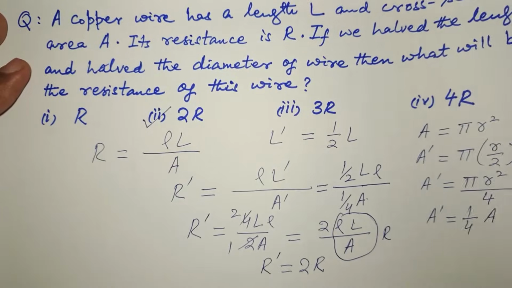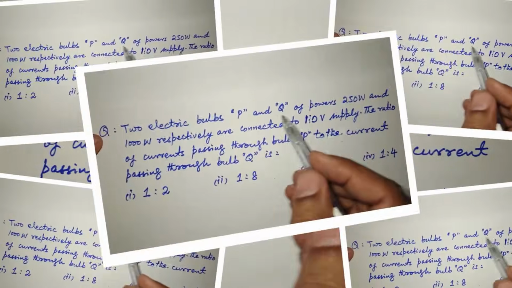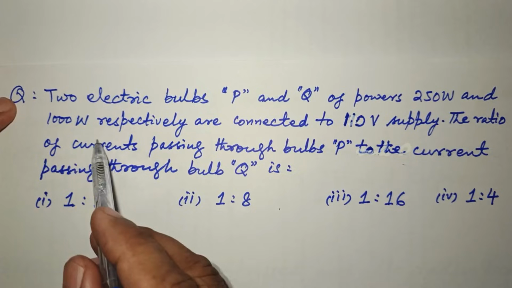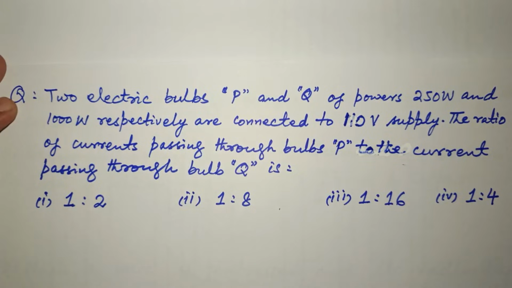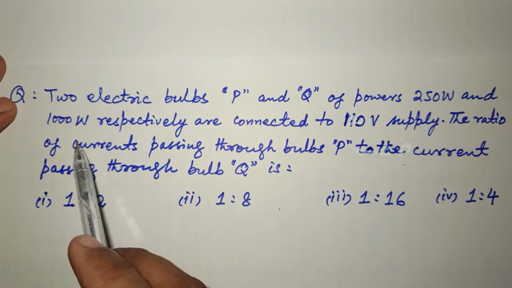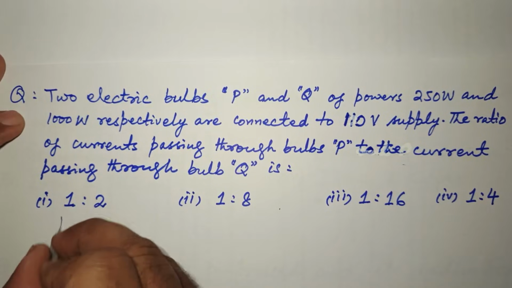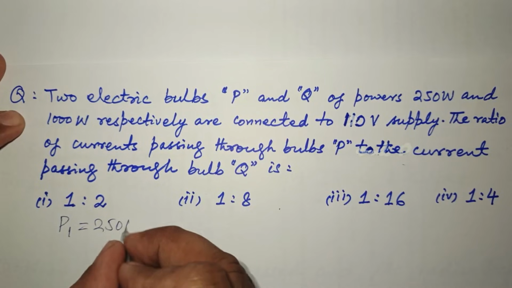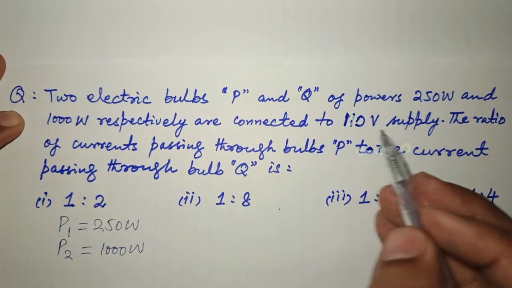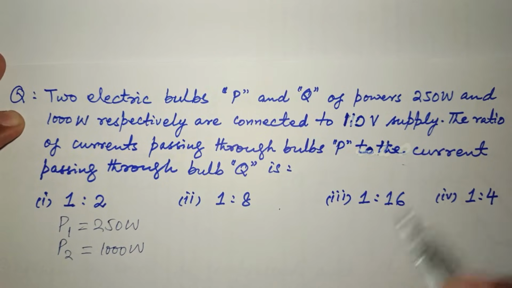Let's move to the next one. Two electric bulbs P and Q of powers 250 watt and 1000 watt respectively. We have two bulbs. Power of the first bulb is 250 watt. The power of the second bulb is 1000 watt. So P1 is 250 watt, P2 is 1000 watt. They are connected to a 110 volt power supply.